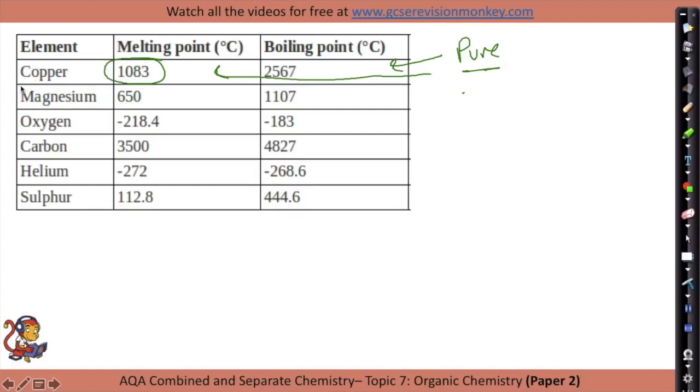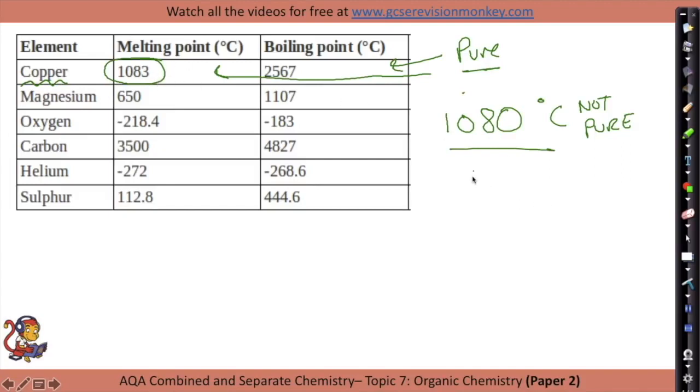For example, if you were testing a sample of copper and you came out with a melting point of 1080 degrees C, that is not pure because it is very slightly different to 1083, which is the correct melting point for copper.